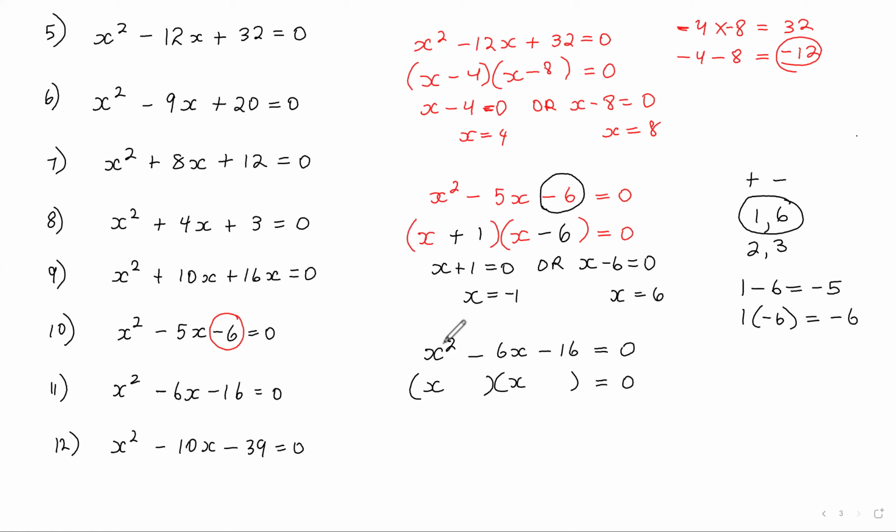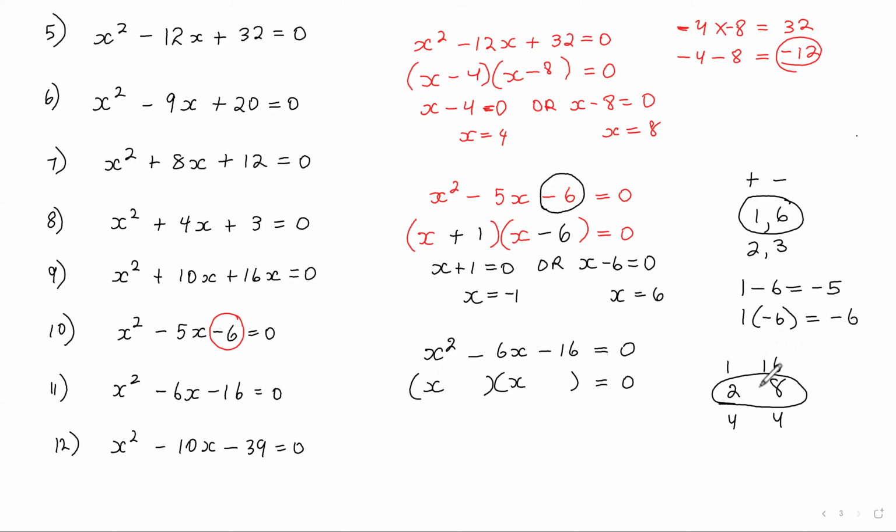And now, if we think about the factors of 16, they are 1 and 16, 2 and 8, or 4 and 4. So just looking at the numbers themselves, the only two there that could make a combination to give me 6 would be 2 and 8, right? Just 2 and 8.